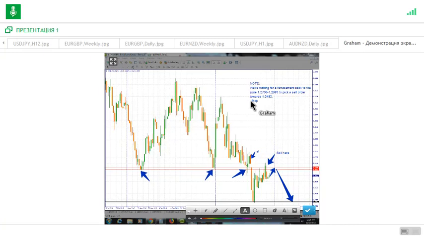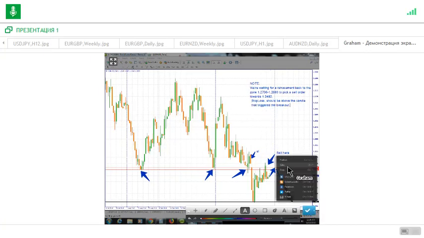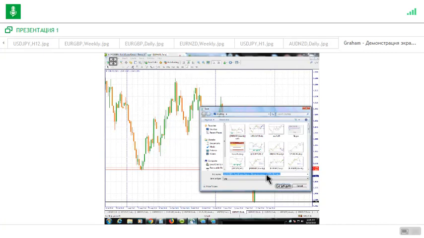That's what you need to write. Stop loss should be above the candle that triggered the breakout. So we'll save this one.